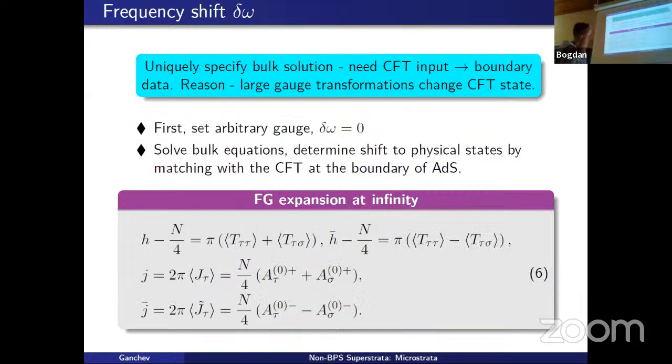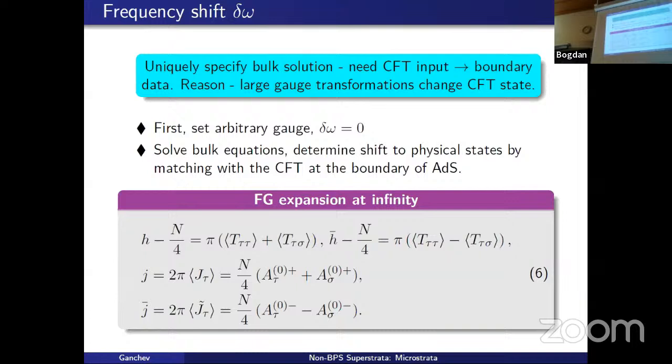Now, when you do this Pfefferman-Graham expansion, from it you can read off the expectation value of the stress energy tensor. I haven't shown you these expressions, which are basically some combinations of metric components and gauge field components. What is important is that you can link them to the H and H bar on the CFT side.